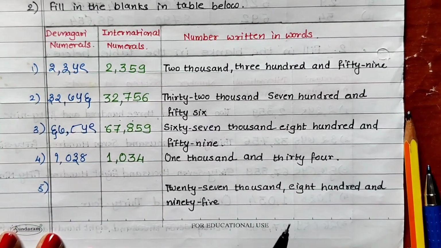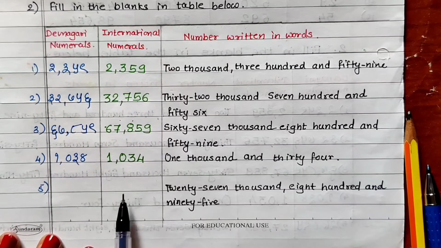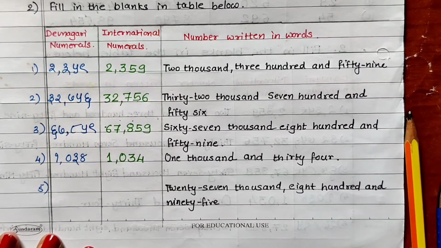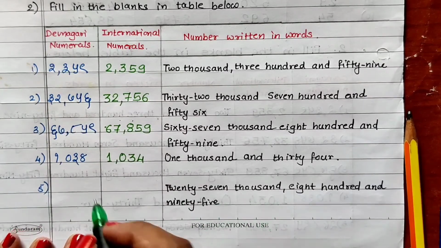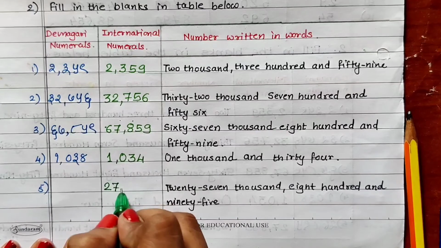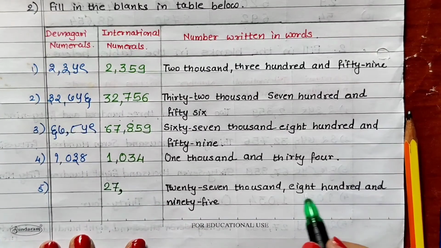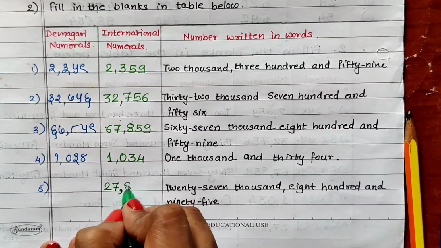Now in the last question, the number in words is given, and we have to write it in international numerals as well as in Devanagari numerals. So what is given to us? 27,000, comma 800. 8 is at hundred place.